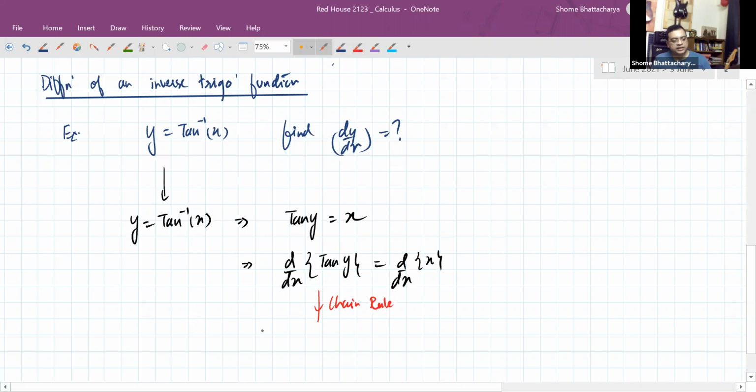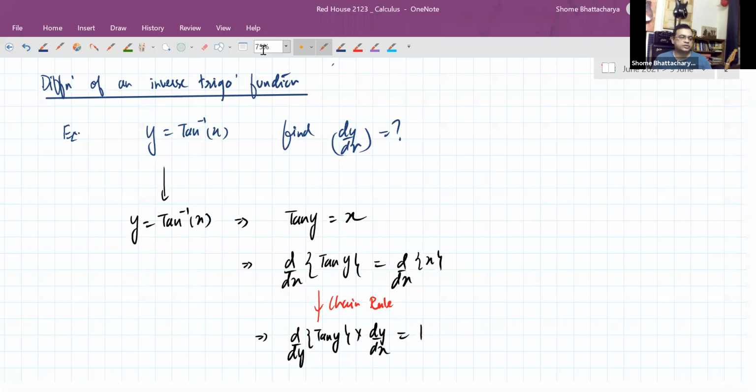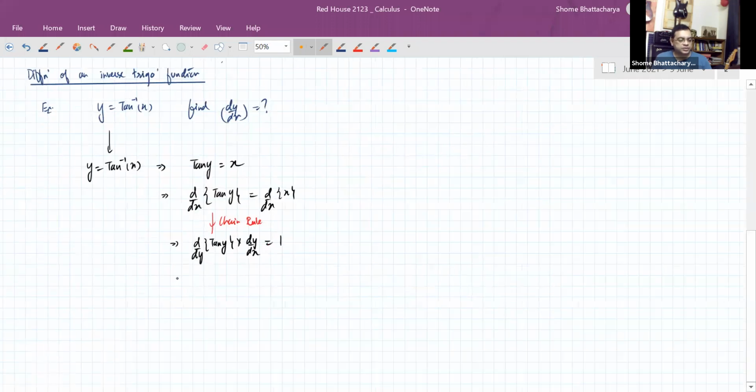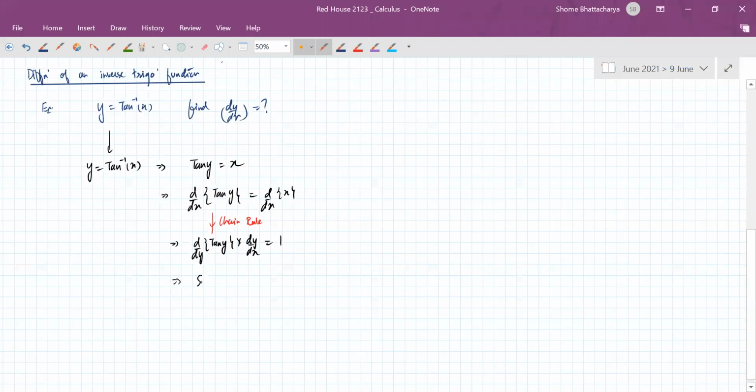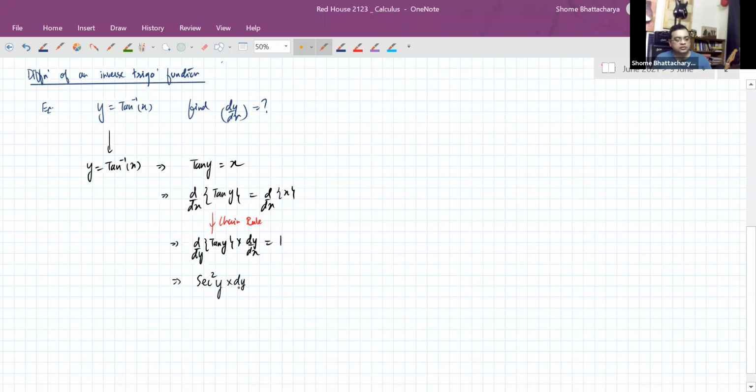Now next thing we'll use the chain rule here. So the chain rule step will tell us that differentiation of tan y with respect to x is d by dy of tan y multiplied with dy by dx, and this side is of course differentiation of x with respect to x. So that is one. So next step, this becomes, as you all know from formula, sec square y into dy by dx.